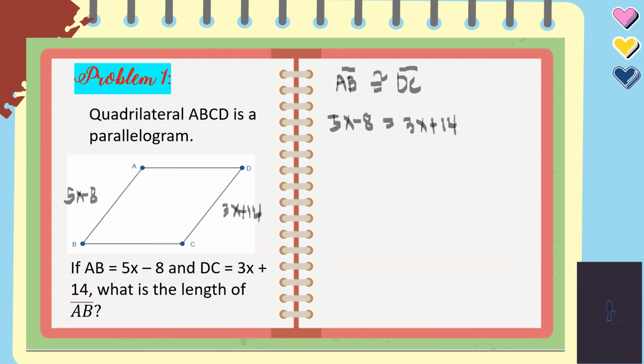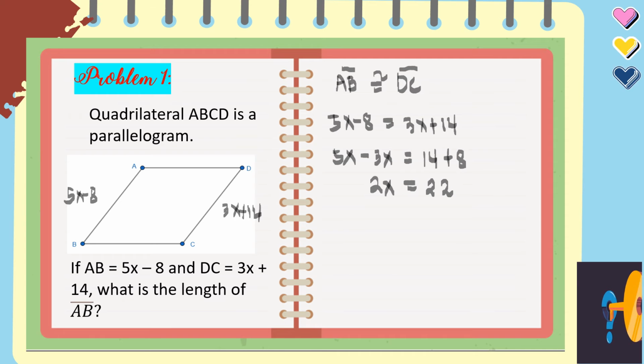So, by manipulation, we have 5x. By the addition property of equality, 3x becomes negative 3x, and negative 8 becomes positive 8. So, 5x minus 3x is 2x, and 14 plus 8 is 22.